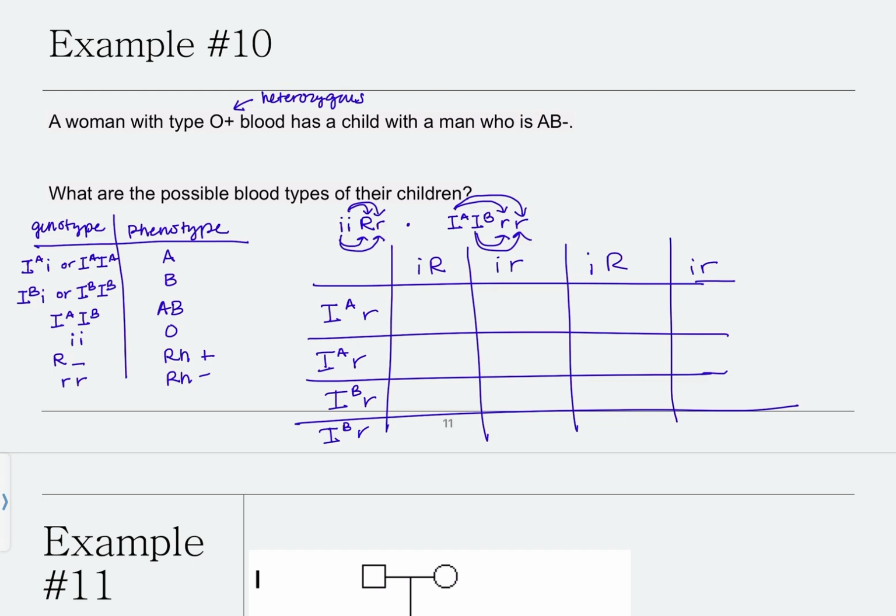Like I said, if you reduce down the numbers that you get for your phenotypes, you end up with the same result. Because this column is the same as this column, I can cross this column out. And because this column is the same as this column, I'm going to go ahead and cross this out.